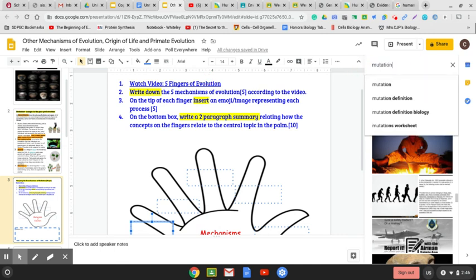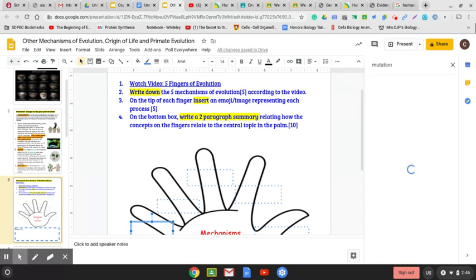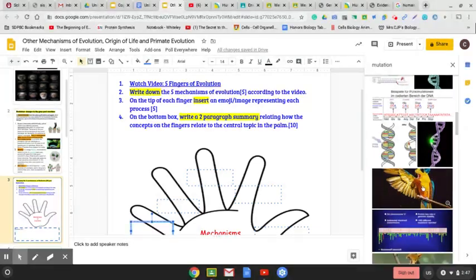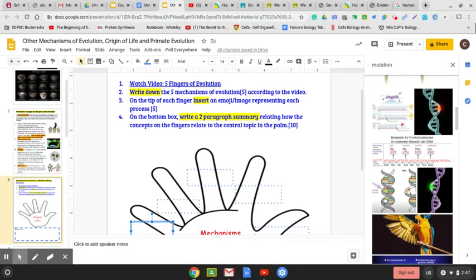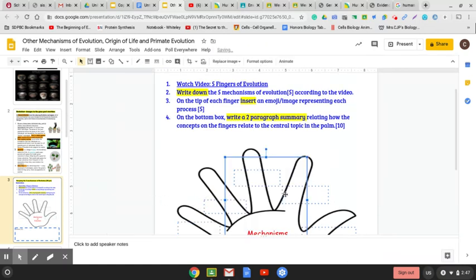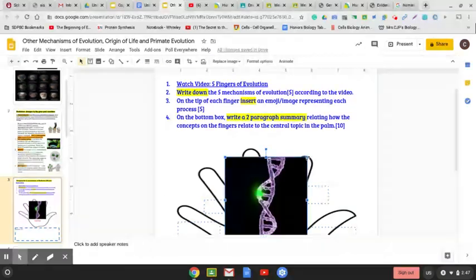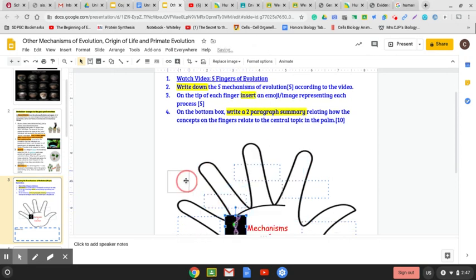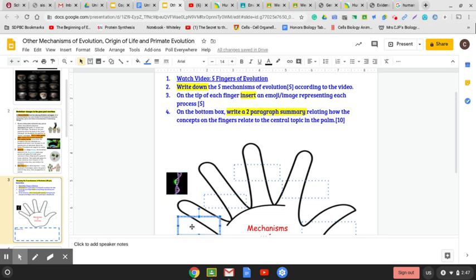So mutation. If I want something like this, I guess I could. This one's cute, I like that one. Obviously it's going to give me a huge one, so I'm going to shrink it and put my picture right here. And so this would be mutation.